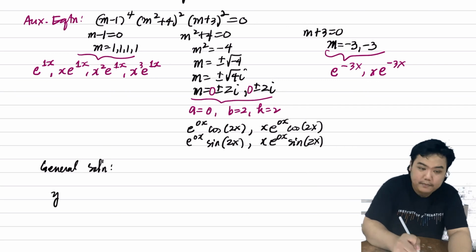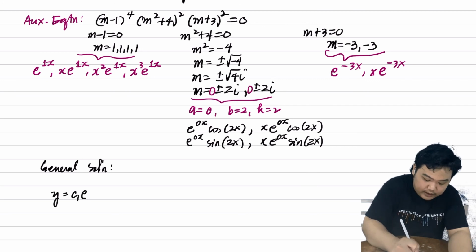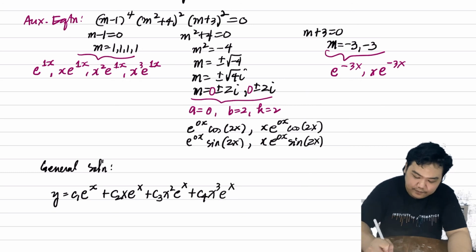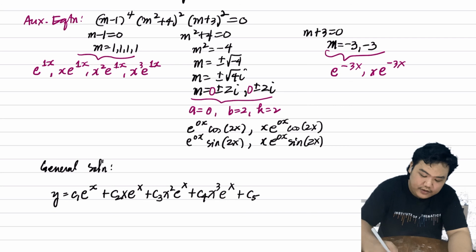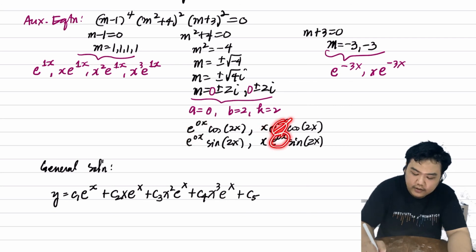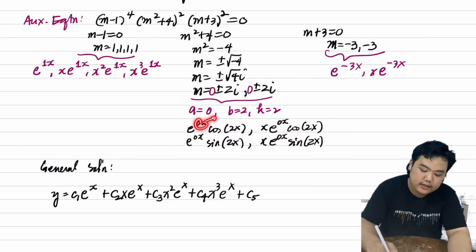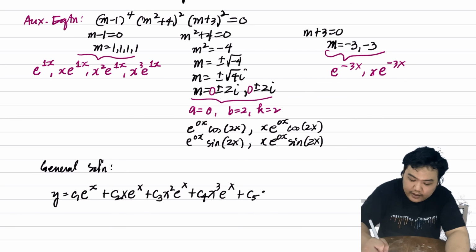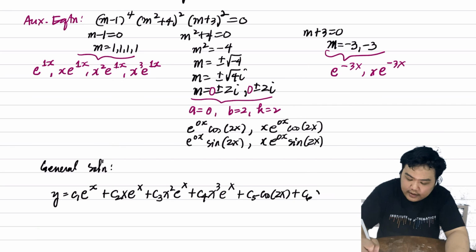Kailangan ko ng space kasi mahaba to. C1 e raised to x plus C2 x e raised to x plus C3 x squared e raised to x plus C4 x cubed e raised to x plus C5. Yung e raised to 0x, 1 na lang yun, no? Kasi e raised to 0 is 1. So, meron tayong C5 cosine 2x plus C6 x cosine 2x.